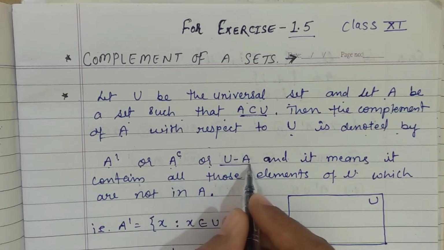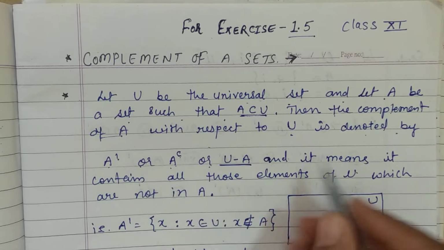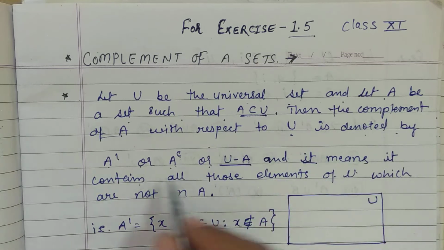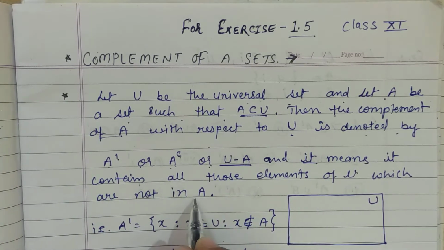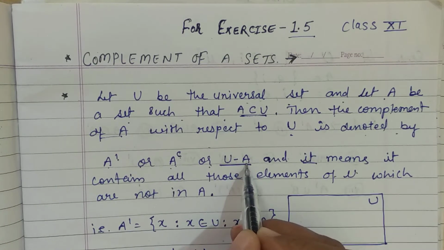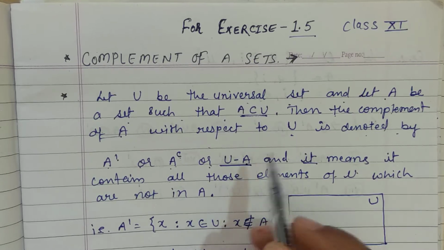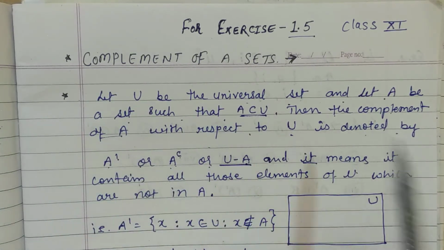It means U minus A: it contains all those elements of U which are not in A. U minus A means you subtract all the elements of A. So the complement of a set contains all those elements which are not in A.